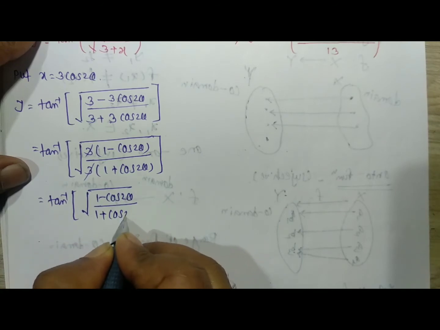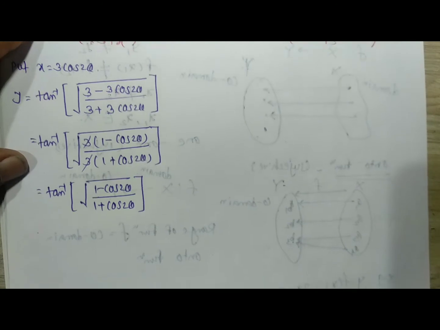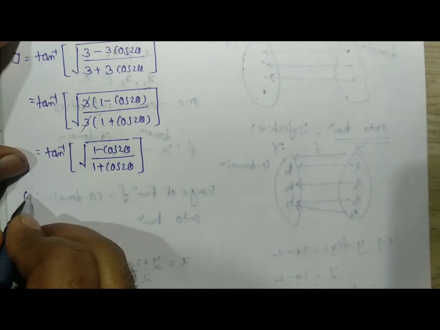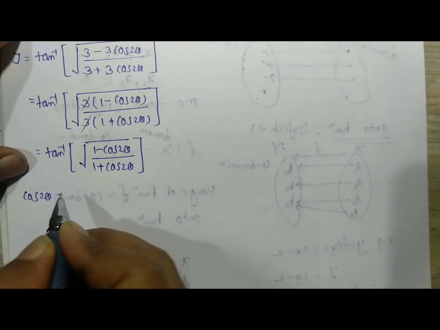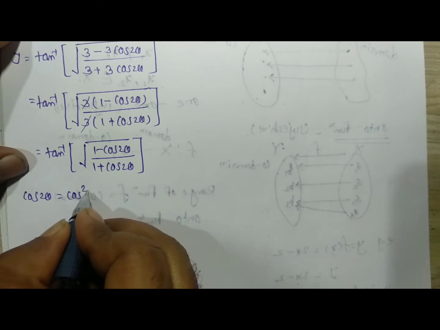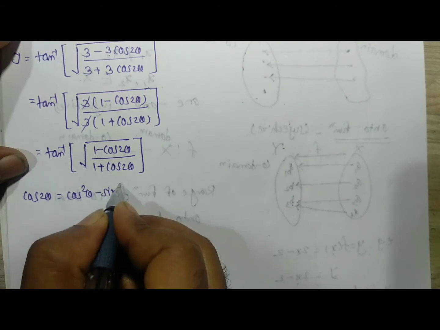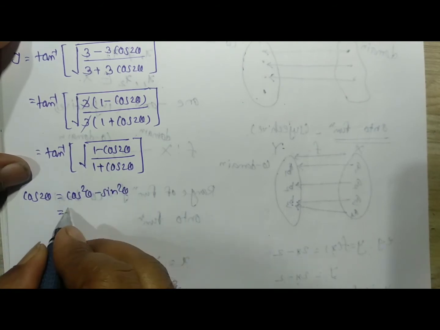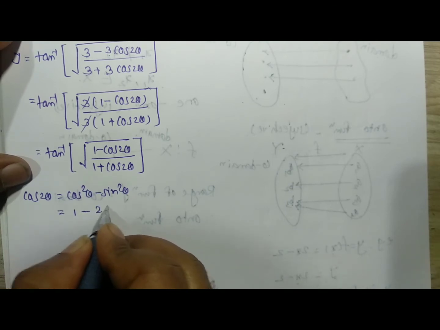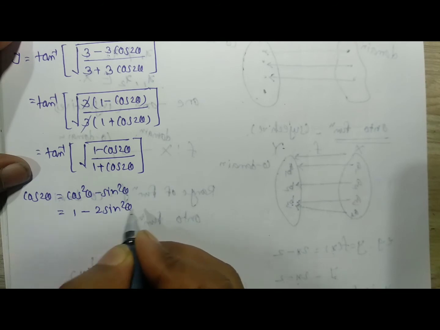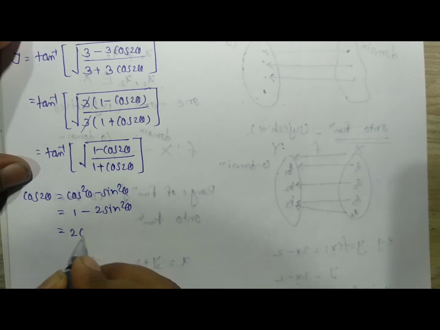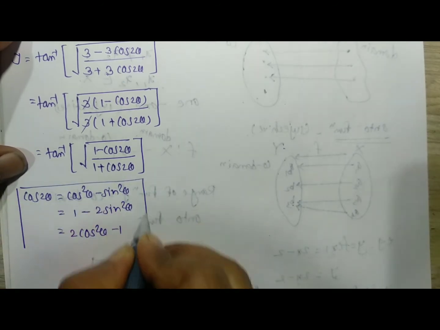Right, now we know the double angle formula: cos 2 theta is equal to cos square theta minus sin square theta. It is one formula. The second one is 1 minus 2 sin square theta, and another one is 2 cos square theta minus 1. Those are the formulae related to cos 2 theta.